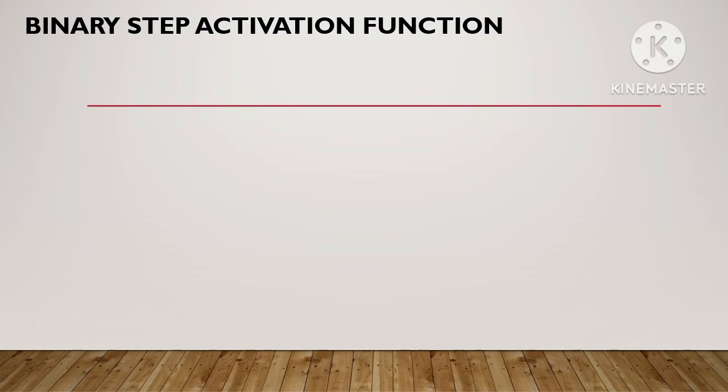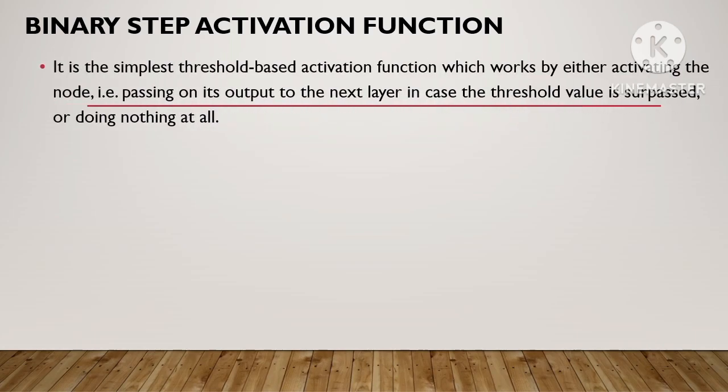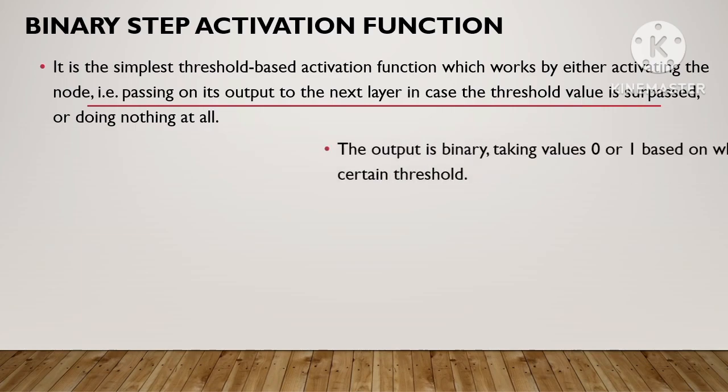So the binary step activation function is the simplest threshold-based activation function, which works by either activating the node, that is passing on its output to the next layer in case the threshold value is surpassed, or doing nothing at all.